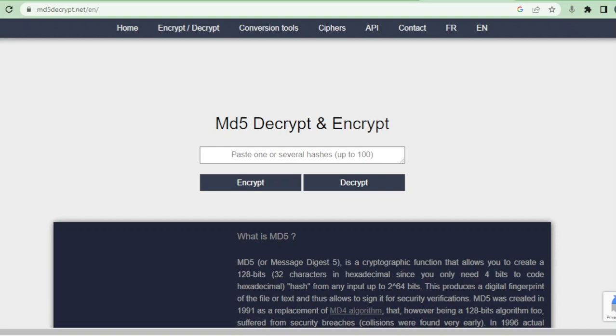So for instance, if you type the word Password with a capital P, it will produce the following hash.